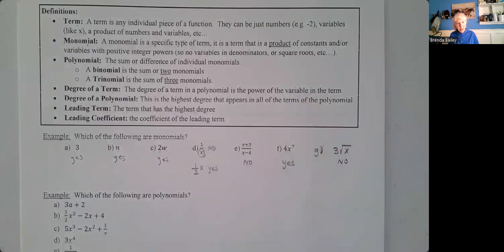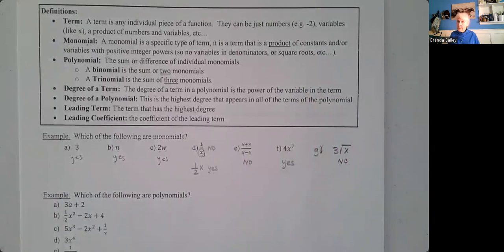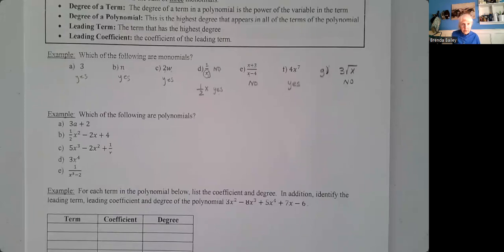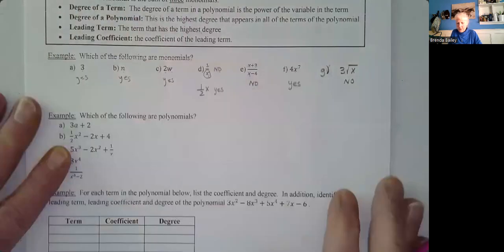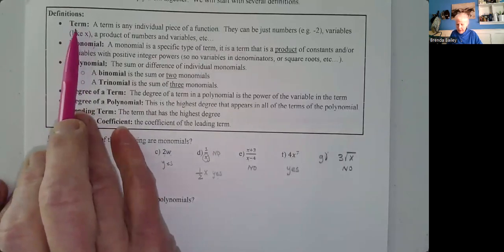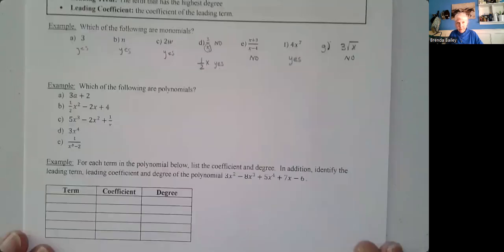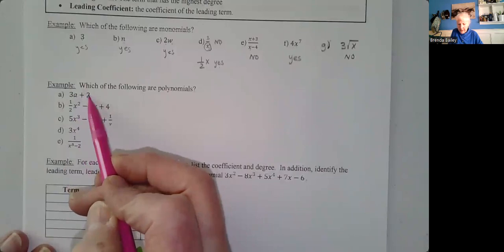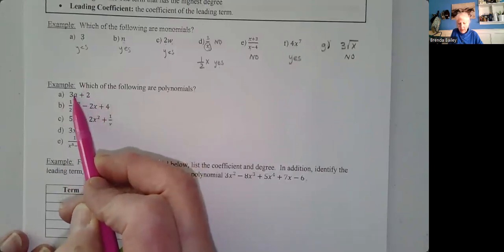Now, polynomials, we put monomials together. Which of the following are polynomials? Well, our first definition was a term, and these right here are considered terms here. Now, is this term a monomial?